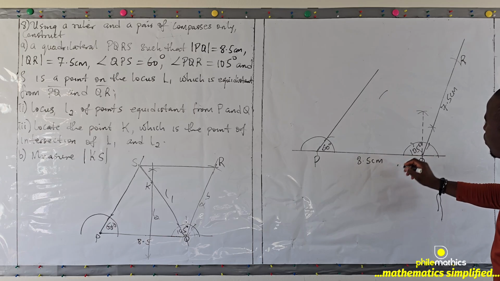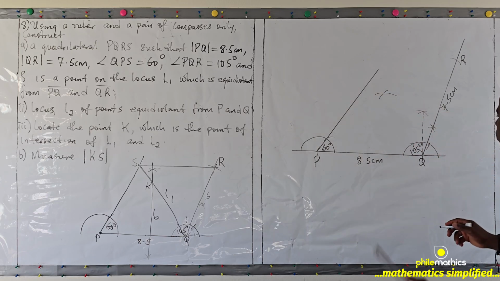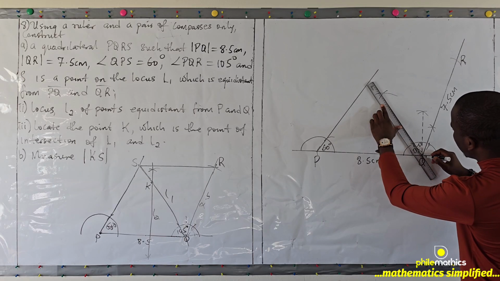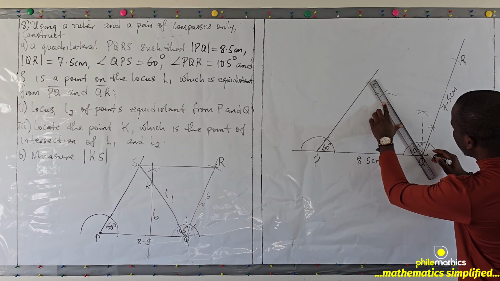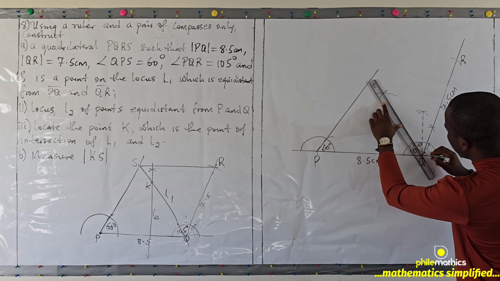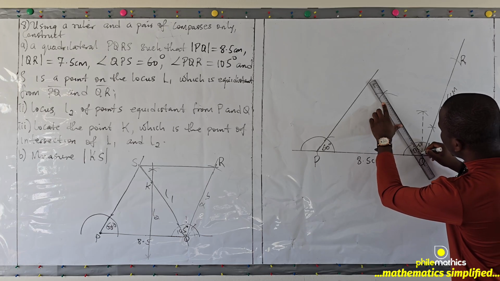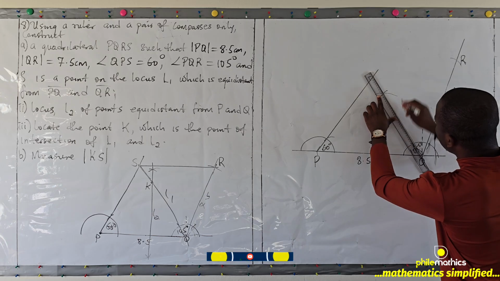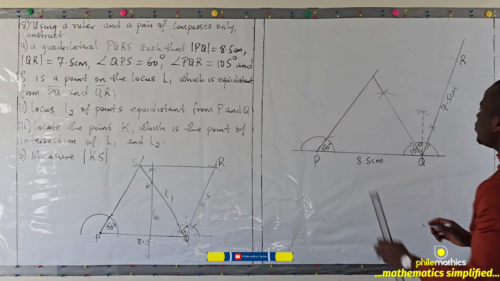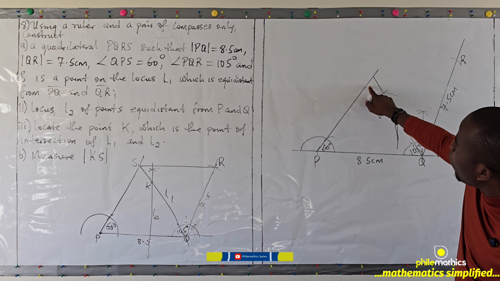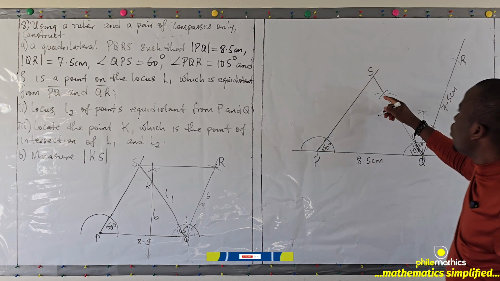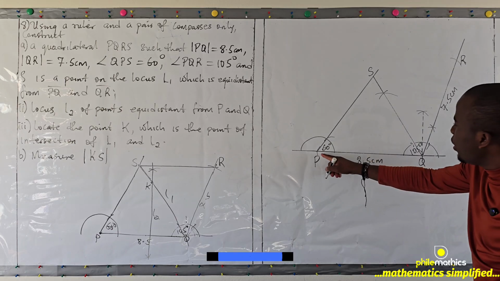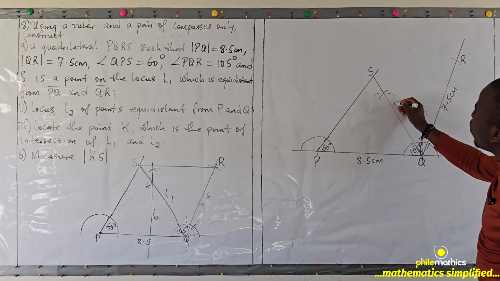Place the pin here, you draw an arc, and then you bisect. So where this point meets is where you call S. So any point along this line is equal distance from this line and this line. So we'll call this L1.